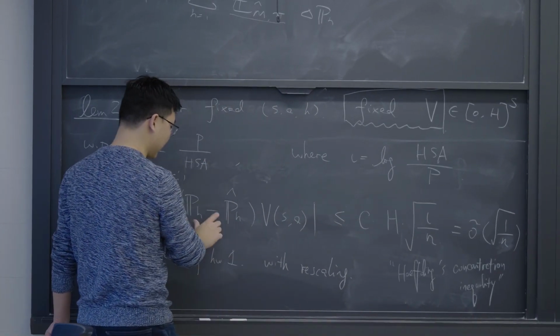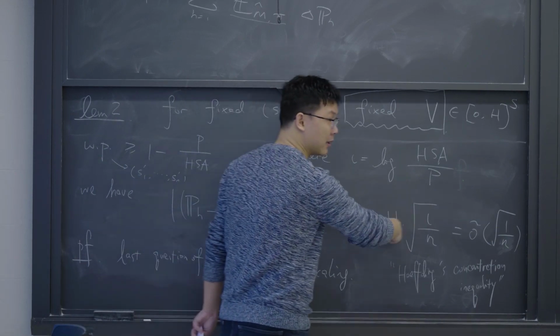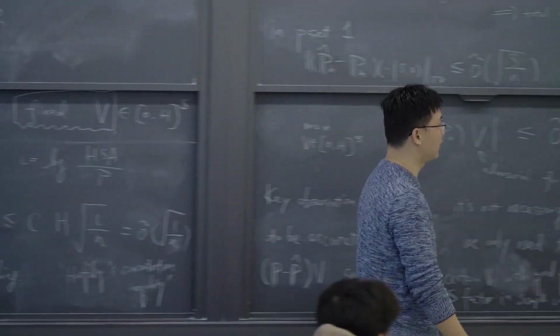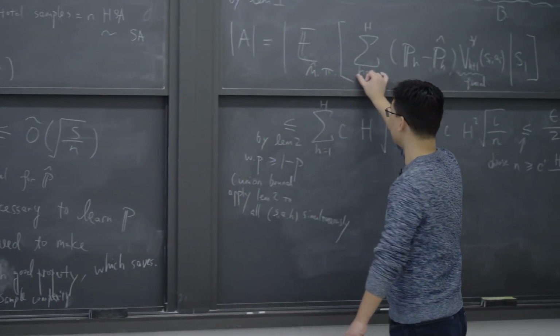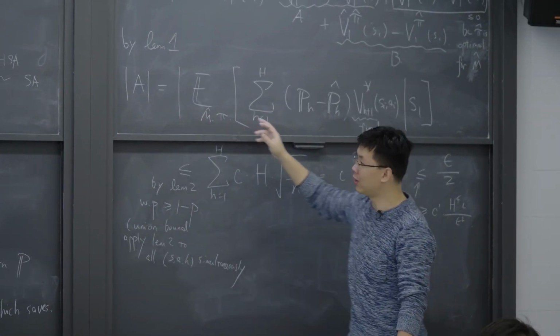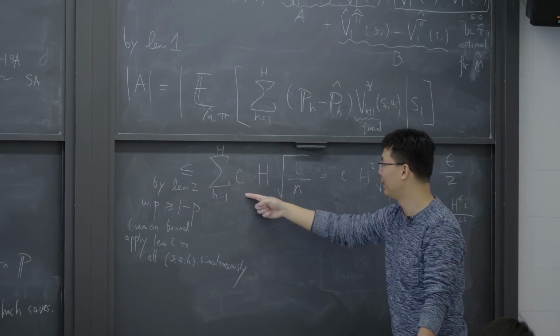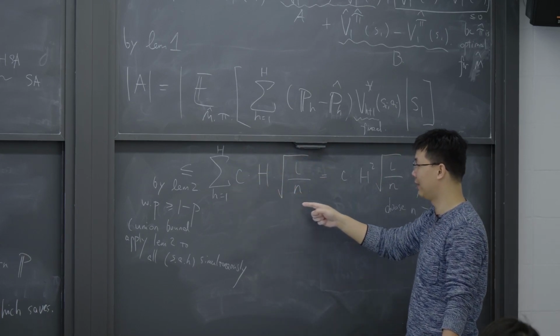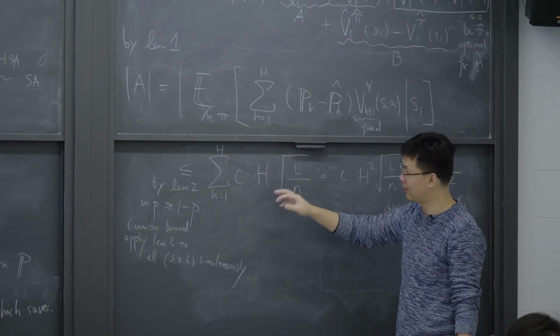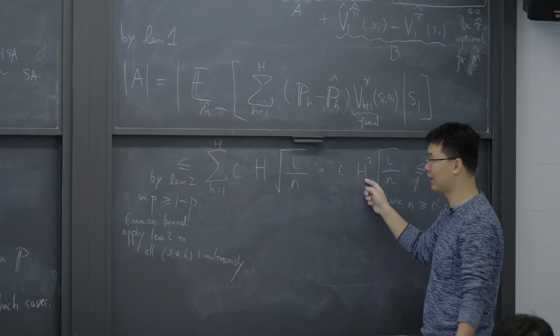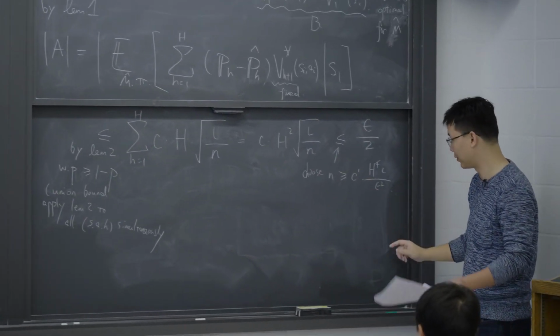Although the transition difference is at step h, the upper bound doesn't depend on h. So what we are doing is we push the summation outside, and for each step we apply lemma 2, and so it's this bound. The upper bound doesn't depend on small h. So that's why when you do the summation, you just simply have a multiplicative factor of H.